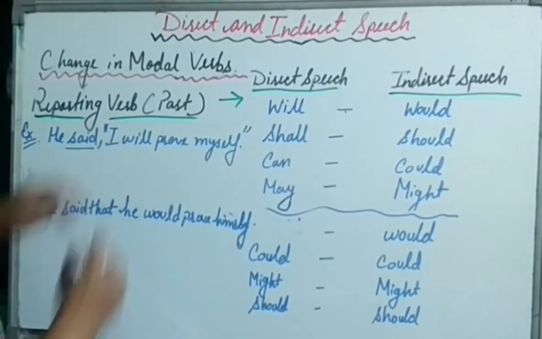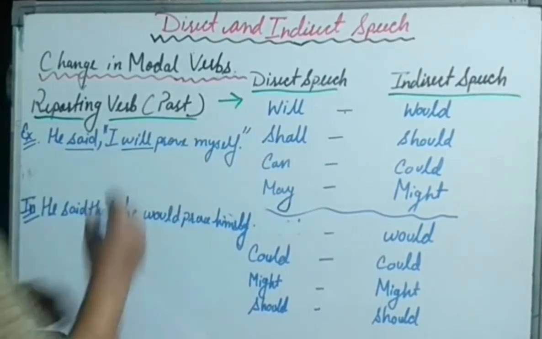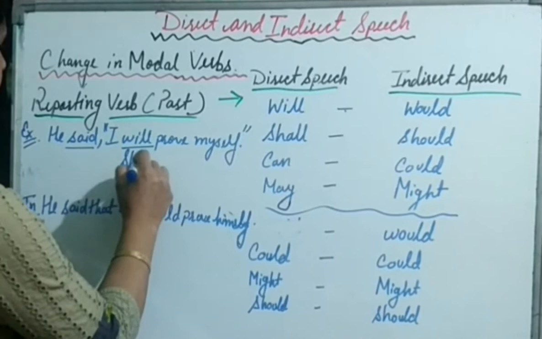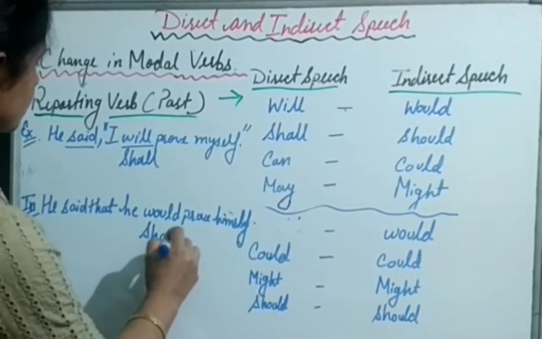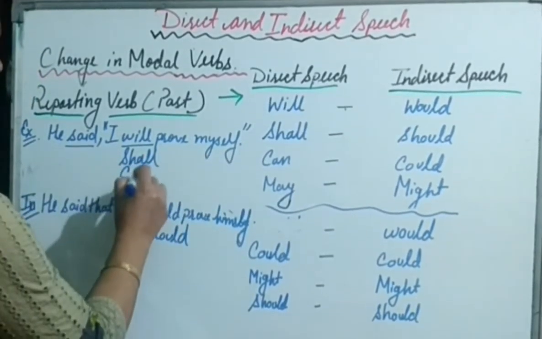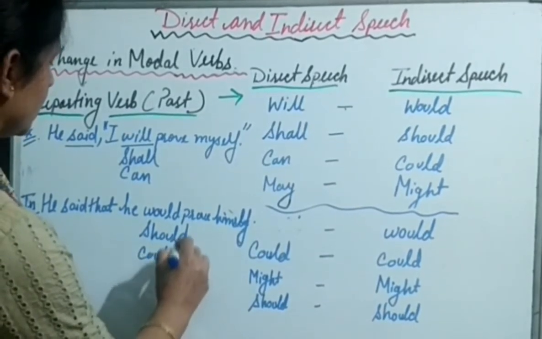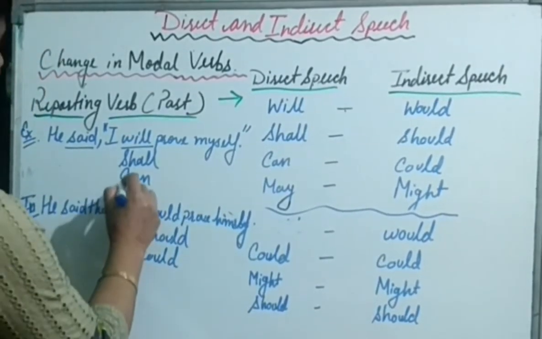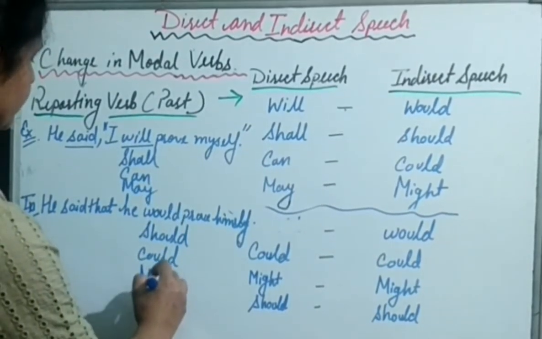If instead of the modal "will" we use "shall", then here we are going to use "should". If we use "can", then here will be "could" in indirect speech. If it is "may", then we are going to use "might".